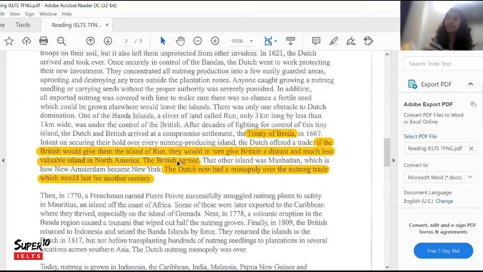The British agreed. So again, they will not give you the answers directly. You will have to deduce it from the statements. Yes, of course, they agreed. Then the Dutch had the control over the island. The Dutch now had a monopoly, which is actually ruling by one party over the nutmeg trade, which would last for another century. There was nobody involved.